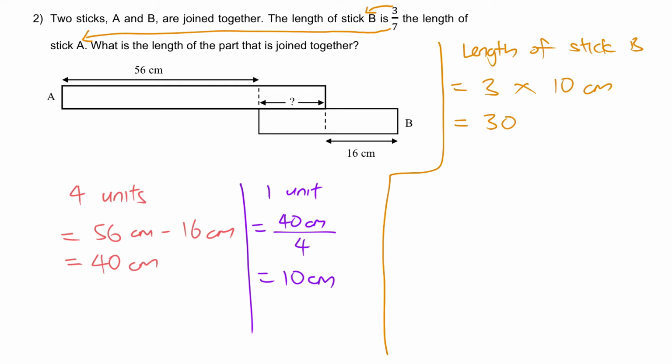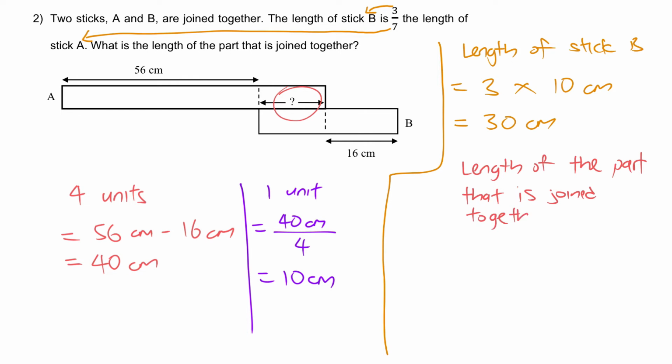That will give you 30. From here, we can figure out this part. Length of the part that is joined together. That will give 30 minus 16 to give you the answer of 14 cm. Next.